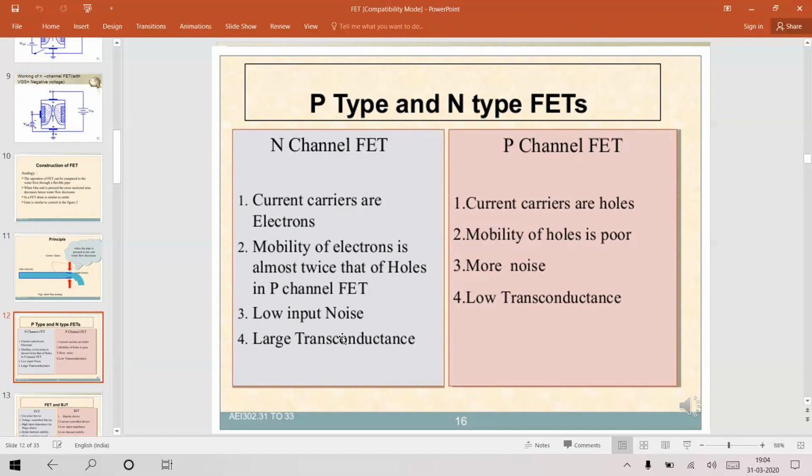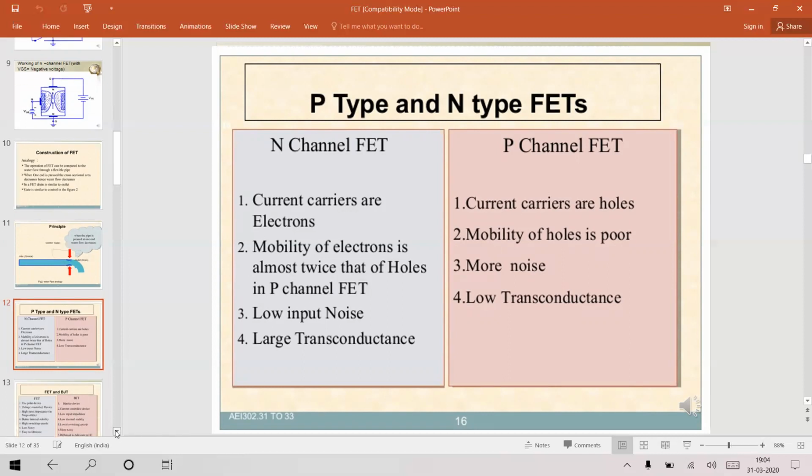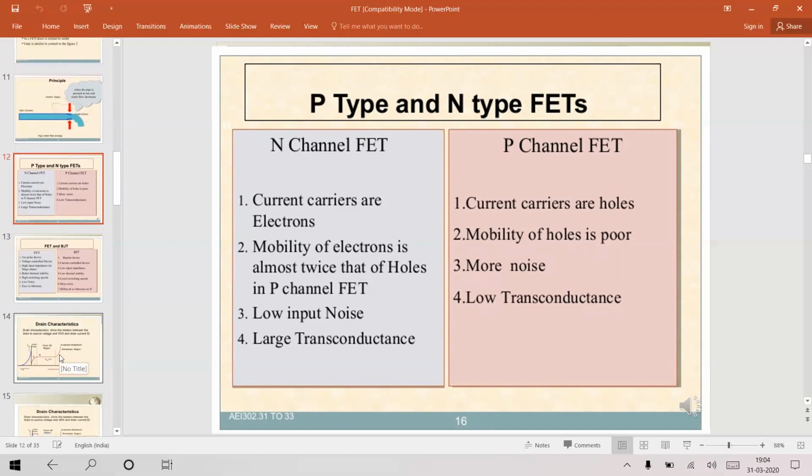Transconductance is nothing but the ratio of change in drain current to change in gate source voltage. It tells how fast your FET responds to change in the gate source voltage, which means it tells the response or the device speed.